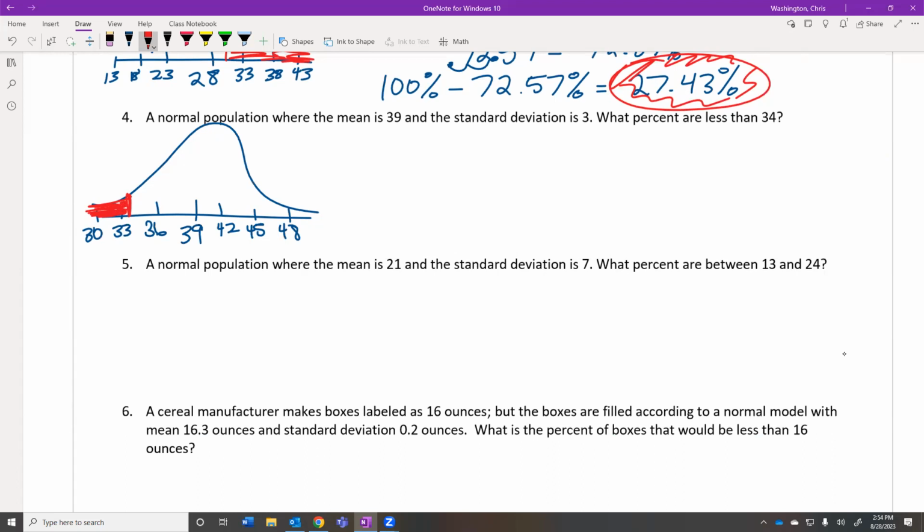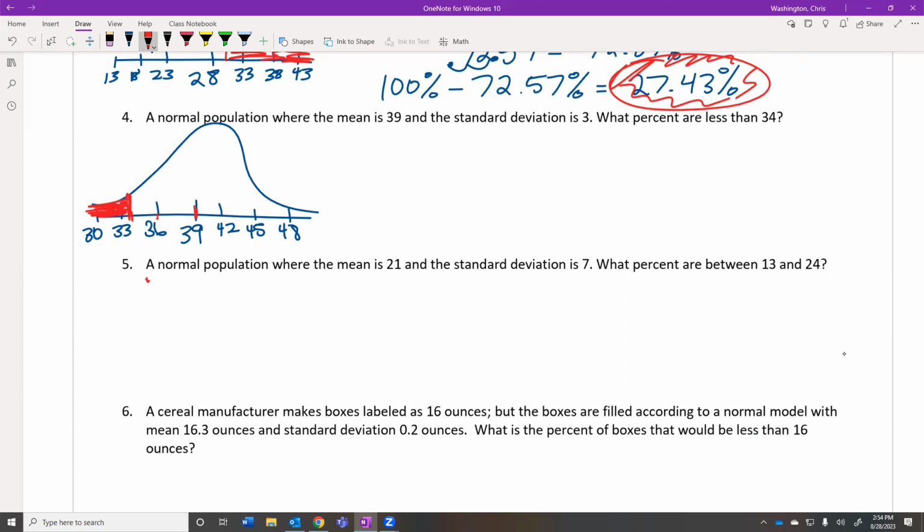But like what number? Well, we got to find the z-score before we can look anything up. So we got to find how far is 34 away from 39 when we talk about standard deviations. And if we look at the picture, we should get a pretty good idea. That's 1 standard deviation away, and that is almost 2 standard deviations.